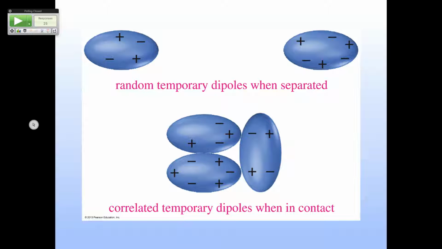And it's going to be pulled apart from the ones that it's next to. So you are breaking these little temporary dipoles. That's what you're breaking when you boil something.